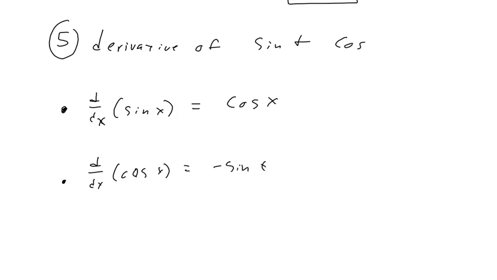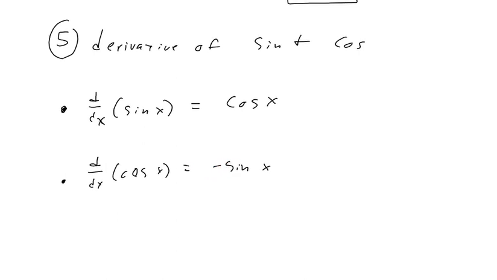So the cosine becomes a negative. The way you're going to memorize this is that the derivatives of things that start with a c will become negative. Cotangent, cosecant, cosine, all of the c derivatives become negative. Sine is easy. Sine is everyone's friend. Cosine's a little bit shady. So the derivative of sine is cosine. The derivative of cosine is negative sine.